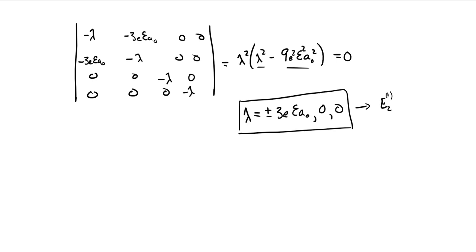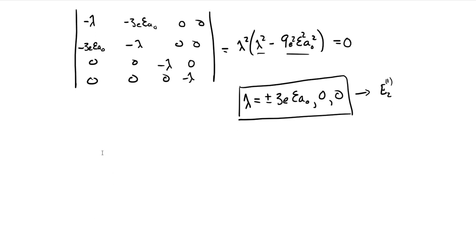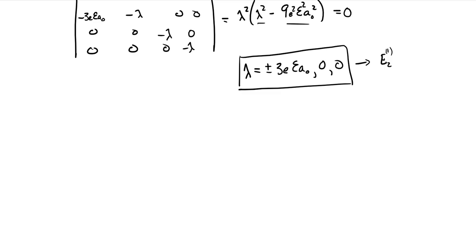If we want to know how that electric field affects the energy levels of our hydrogen atom, we knew that the unperturbed energy level in hydrogen for the n equals 2 state was negative 13.6 eV over 2 squared, or 4. We have 4 states that are degenerate. 2 of them stay the same and have no shift, so E2A, to first order, is just negative 13.6 over 4 eV.